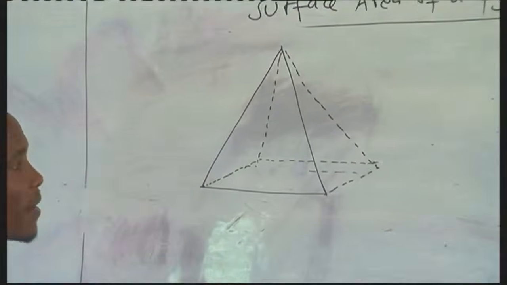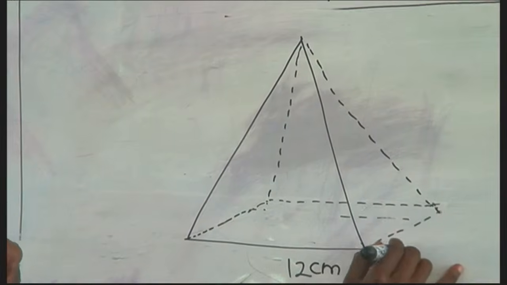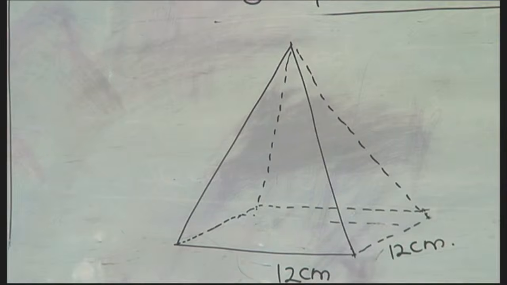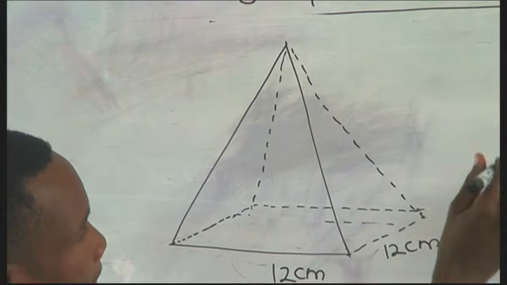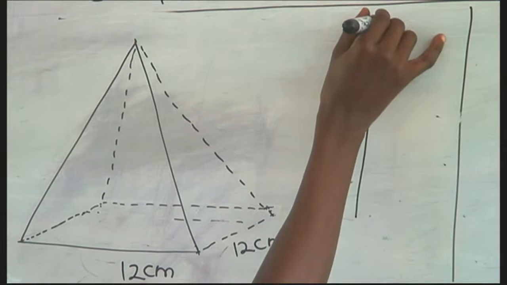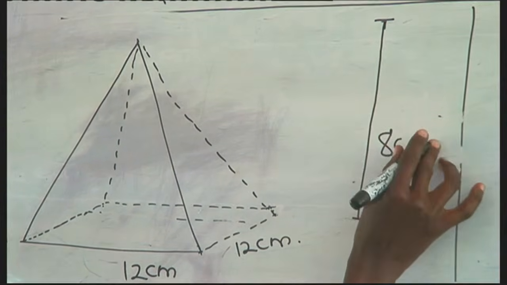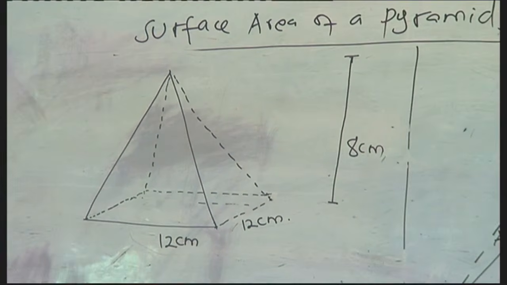This is a square-based pyramid of side 30, then the vertical height is 8 centimeters. So you can work it out and drop the answers in the comment section.